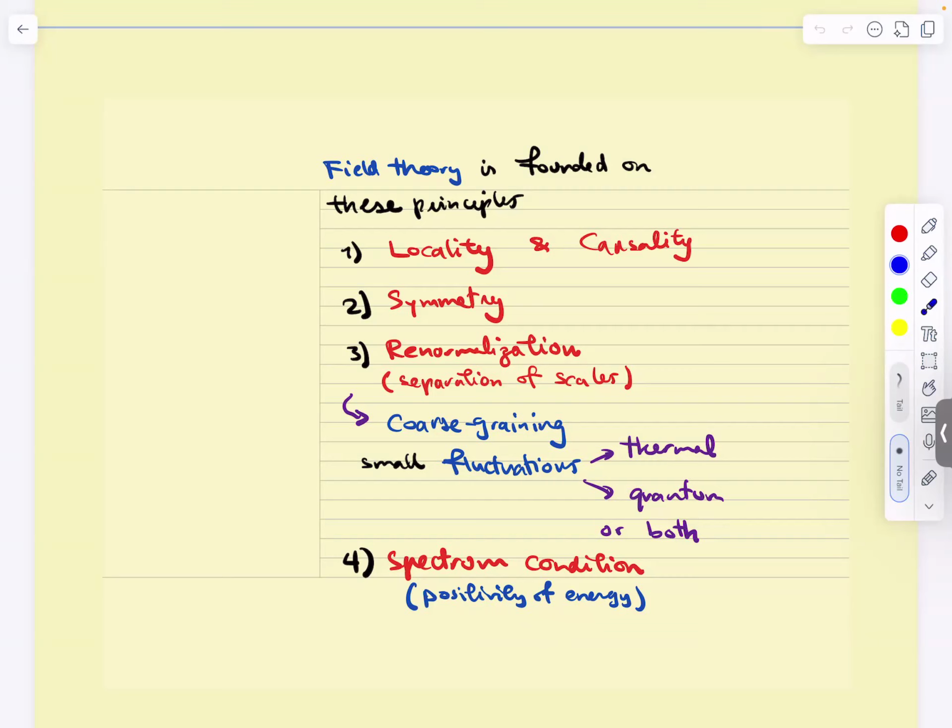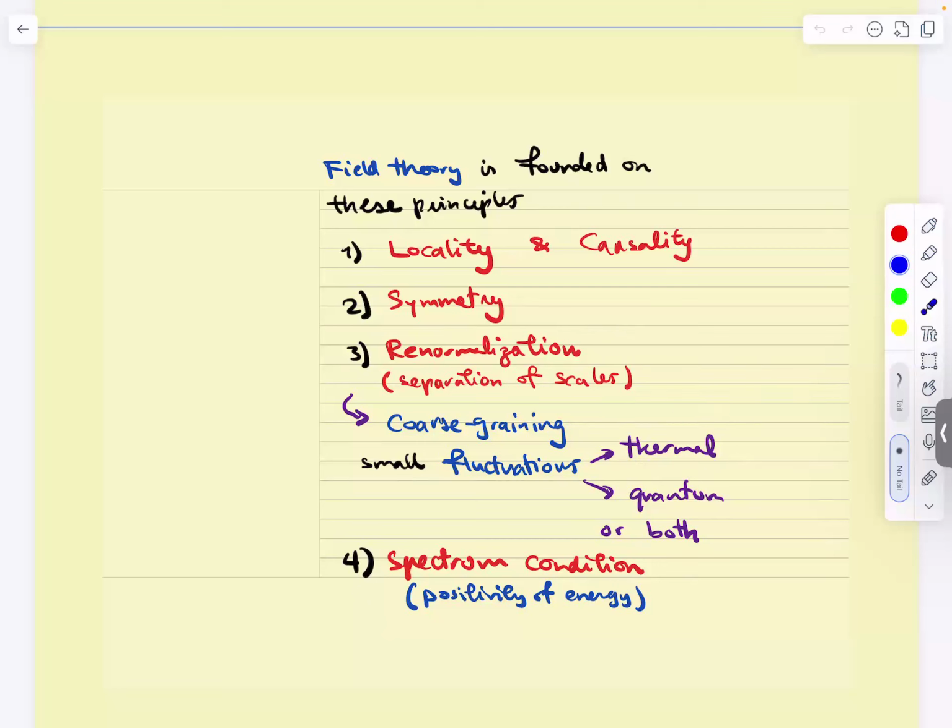One comment is that in QFT1, we talked about classical statistical field theory. These are path integrals, or field theories, that we construct to study classical finite temperature physics. Such theories also follow the principle of renormalization, or separation of scale, and have to follow that rule.